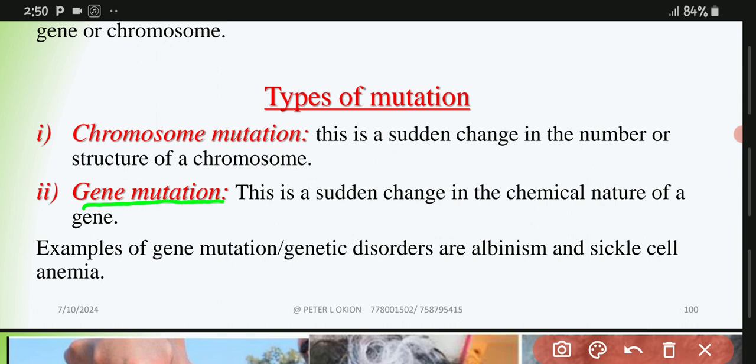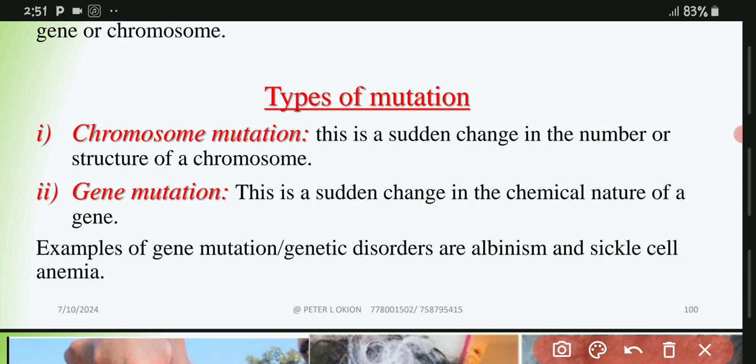Examples of mutation or genetic disorders are albinism and sickle cell anemia. In those previous lessons, I taught what albinism is, that genetic disorder, and I also talked about sickle cell anemia.